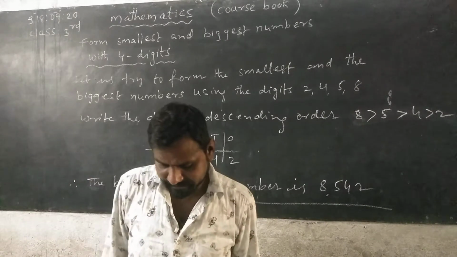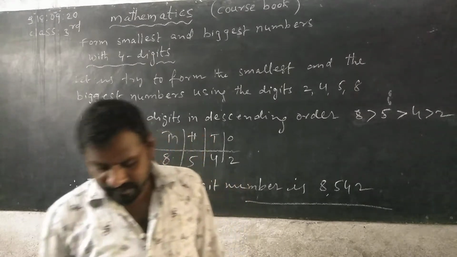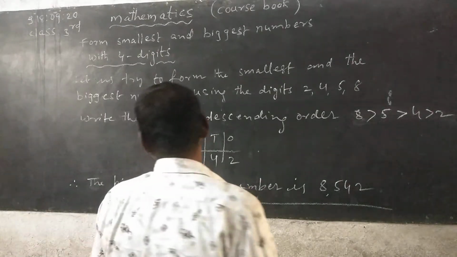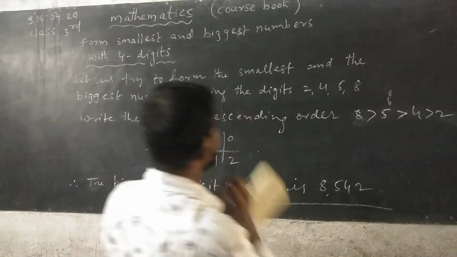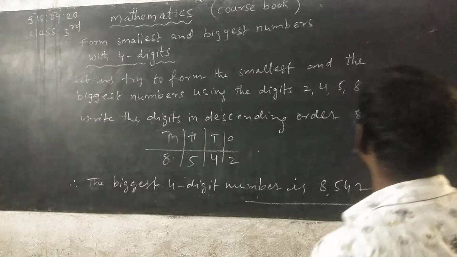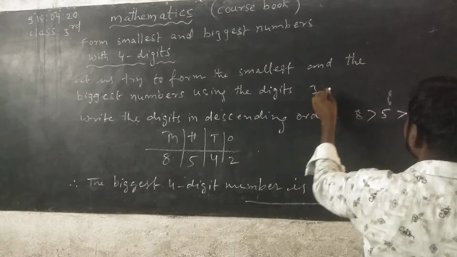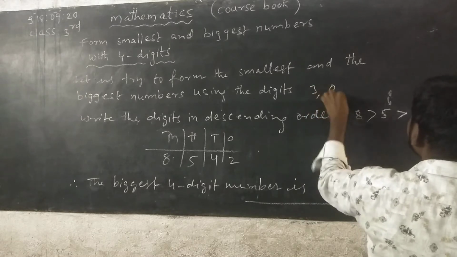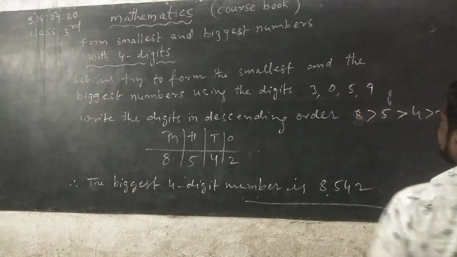Now next, see, I am taking another example. Let us try to form the smallest and the biggest numbers using the digits 3, 0, 5, 9.